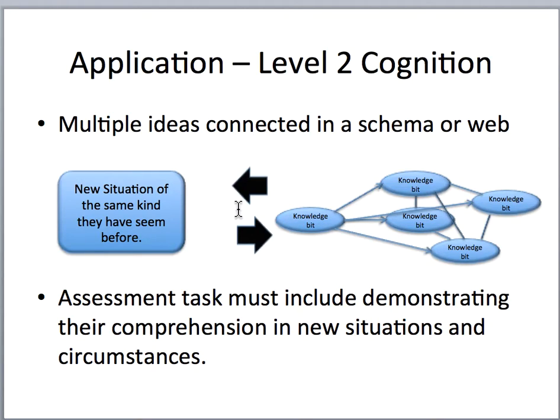And this kind of goes into the other level 2 cognition. Again, these are my simplified categories: there are 3 levels rather than 6. Application means that I have my existing knowledge network, but when I get a new situation and I'm told to use these ideas or redescribe these concepts, I can do it. If you think in math, I teach a strategy about how to solve, say, using some basic division skills.